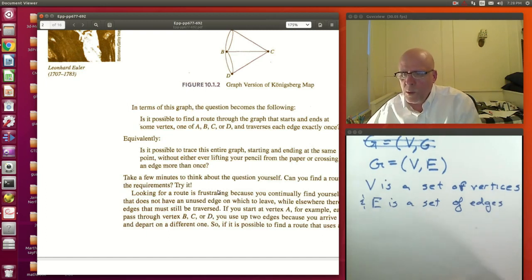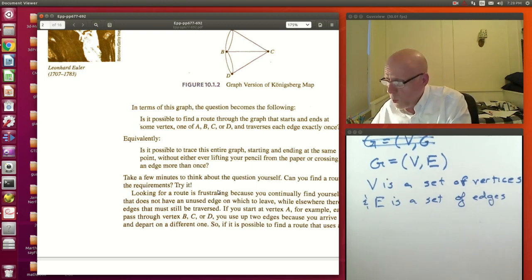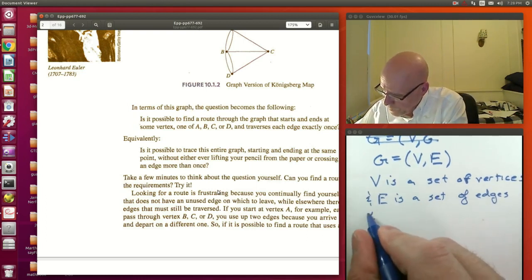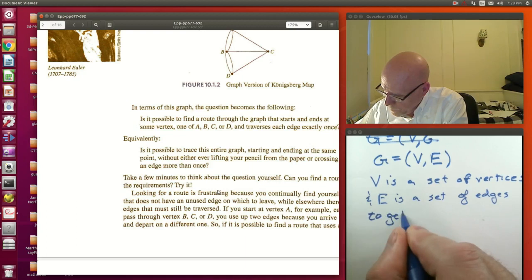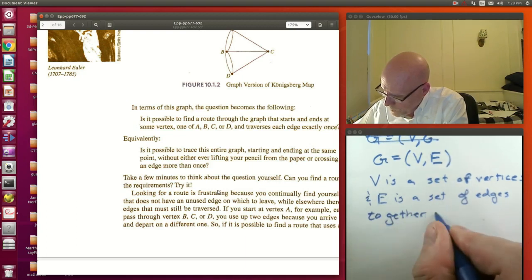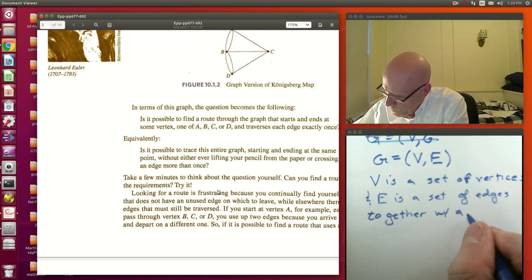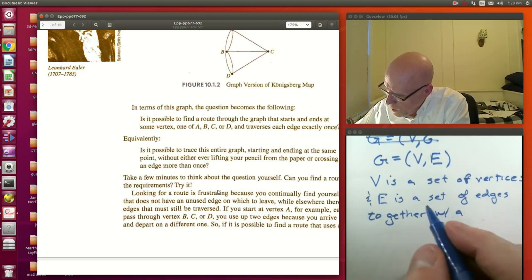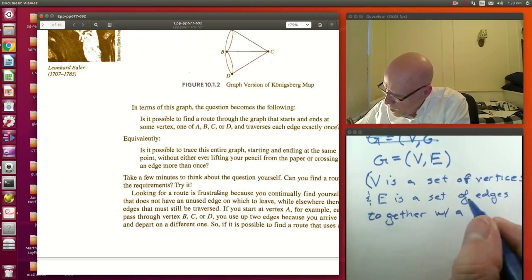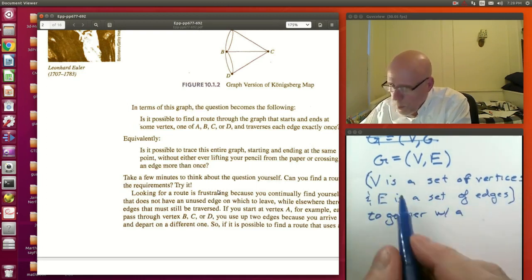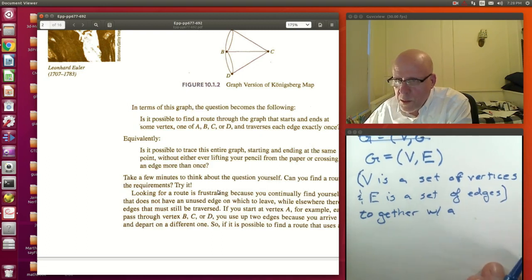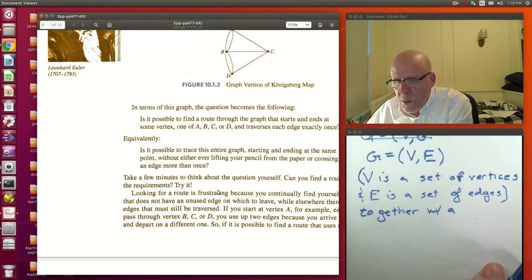There's also a relationship between these two sets. There's what's called the edge endpoint relation. So let's turn this into better grammar. The part about V is a set of vertices and E is a set of edges, that's sort of parenthetical.